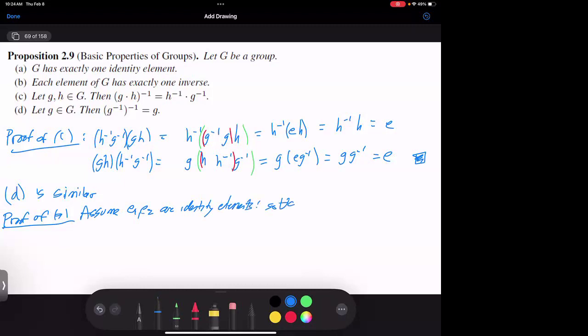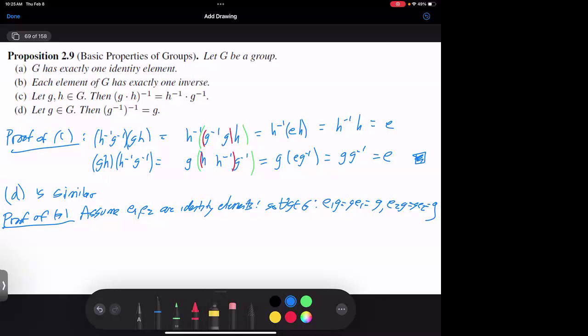So for all g in G, we know E1 g equals g E1 equals g, E2 g equals g E2 equals g. That's what it means to be an identity. No matter what element you take, when I multiply by the identity, I get back what you started with. So this is true for any choice of g, and the second one is true for any choice of g.